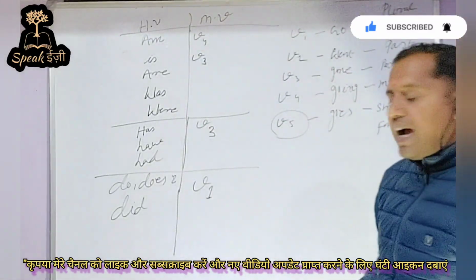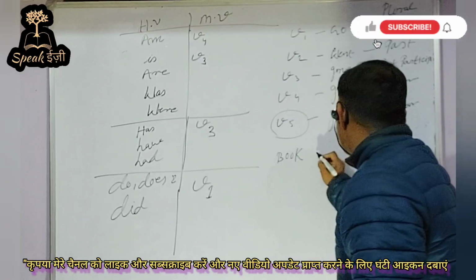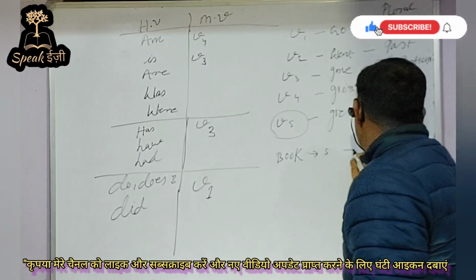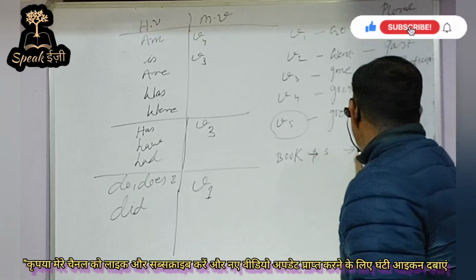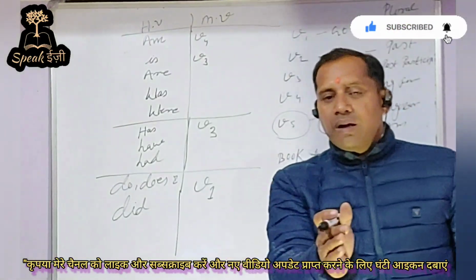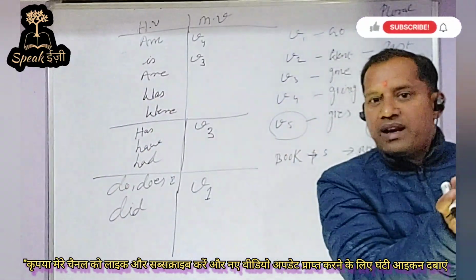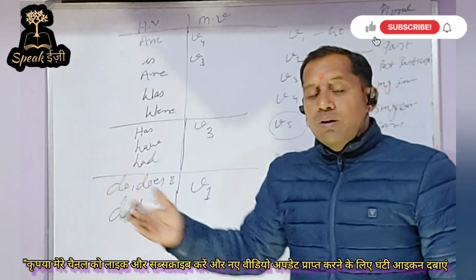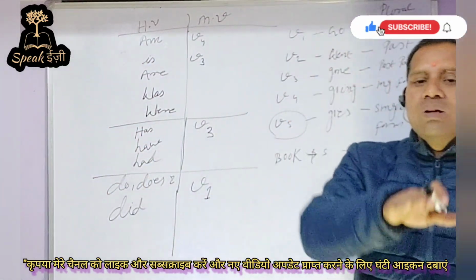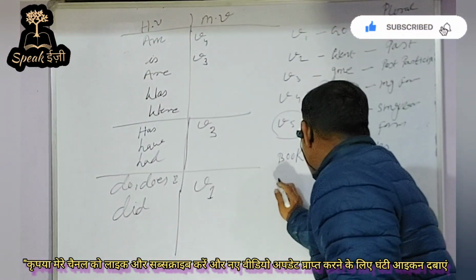Another important thing is that when we add s or es to a noun, it is converted into plural. Example, if I add s to book, the form will be books. Book is a singular noun and books is a plural noun. But in the case of a verb, it is quite the opposite.